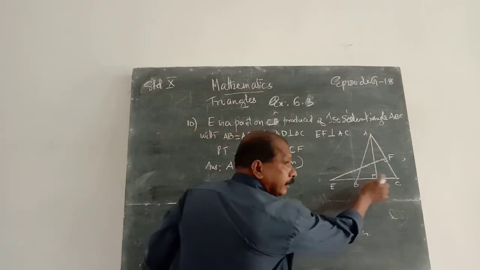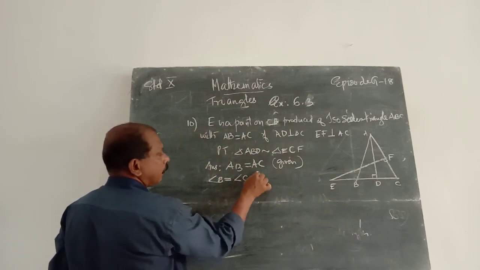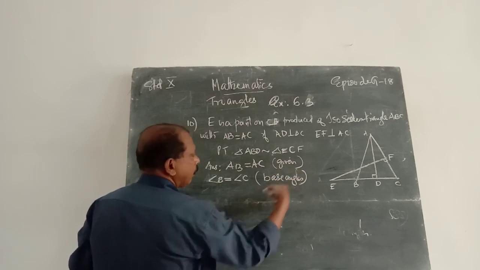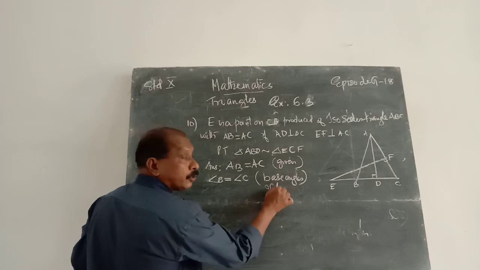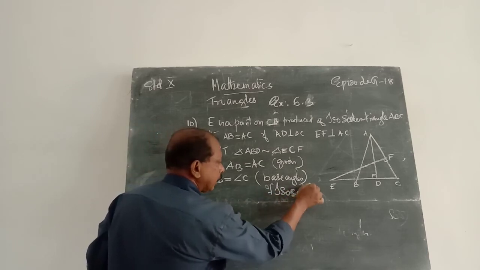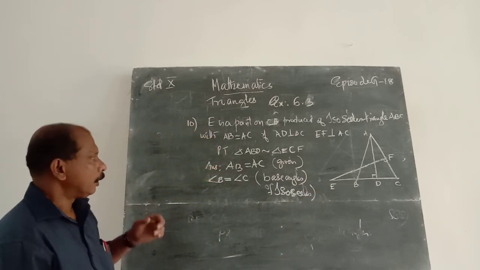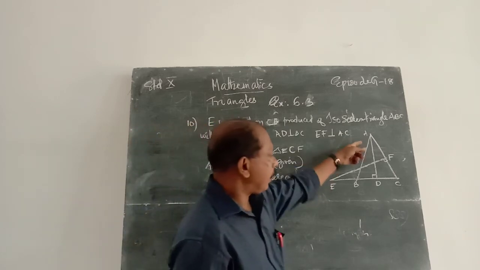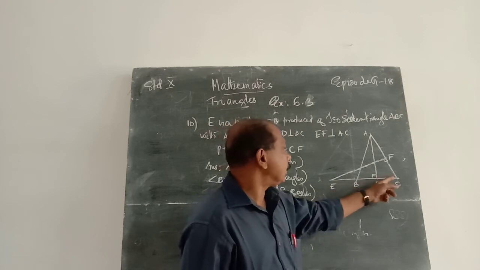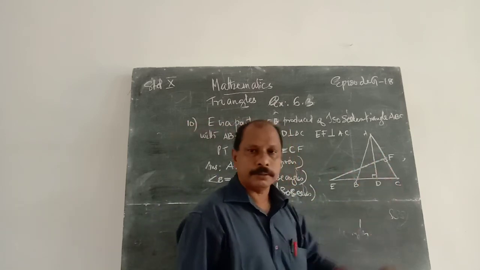Therefore, angle B is equal to angle C. That is base angles of an isosceles triangle. Base angles are always equal. Therefore, in triangles ABD and ECF, angle B and angle C are equal.